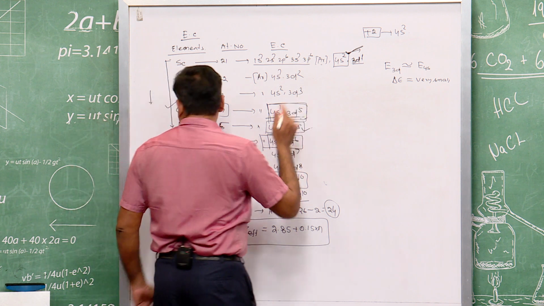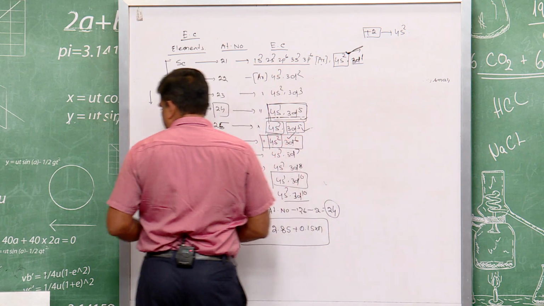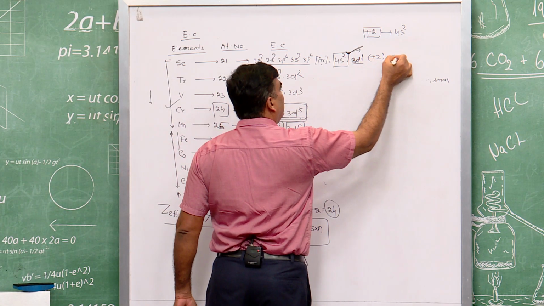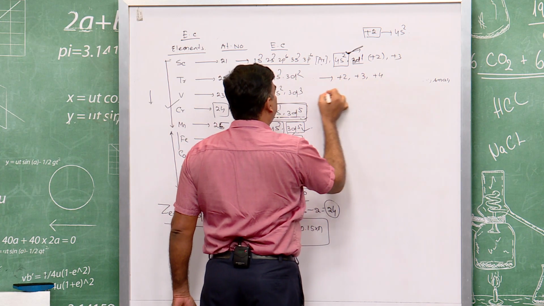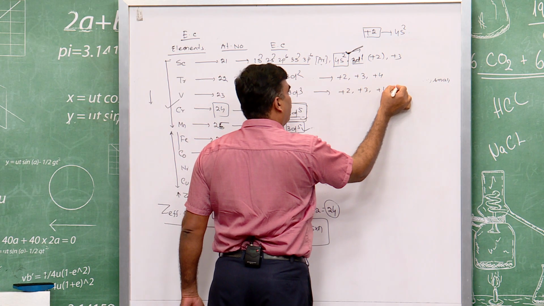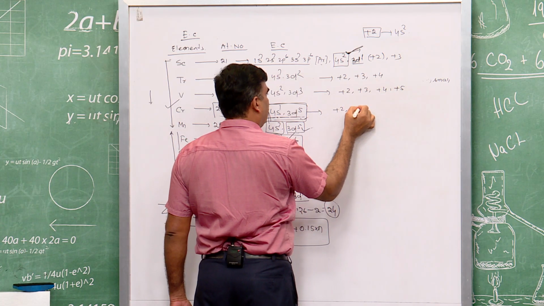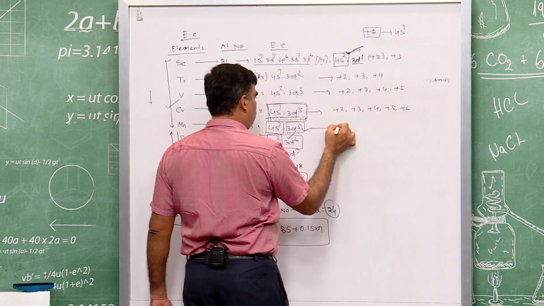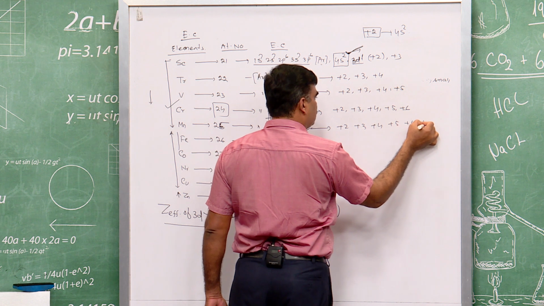Let me write down the different oxidation states shown by these elements. Scandium shows +2 and +3, titanium +2, +3, +4, vanadium +2, +3, +4, just increasing one by one. Then chromium +2, +3, +4, +5 and +6, manganese +2, +3, +4, +5, +6 and +7.